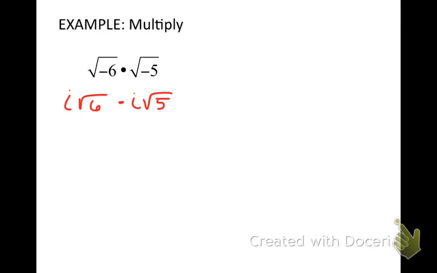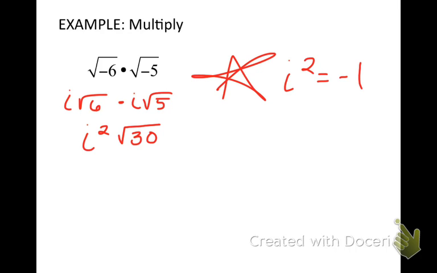So my i times my i is going to become an i squared, and the square root of 6 times the square root of 5 will become the square root of 30. Now, what do we remember i squared to be? -1. We need to remember that i squared is equal to -1.